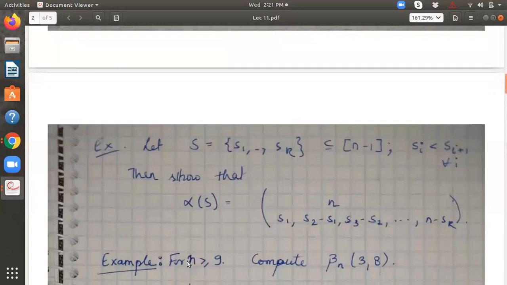So for n greater than or equal to 9, if I ask you to compute beta n of {3, 8}, note that {3, 8} is already a set written in increasing fashion.